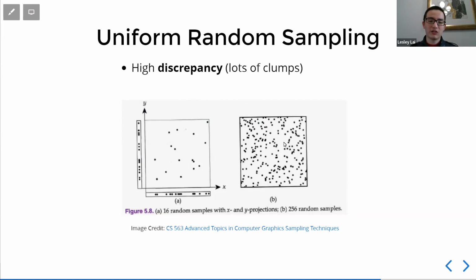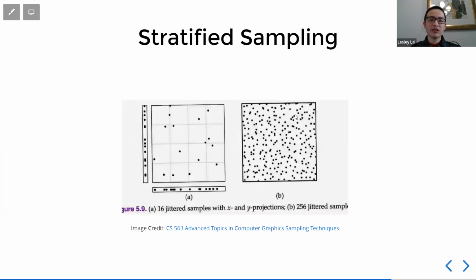So that's not nice. That's why more advanced techniques such as blue noise come in, to address this problem with our uniformly randomly sampled white noise. But a simple way to help with this problem is to use stratified sampling.